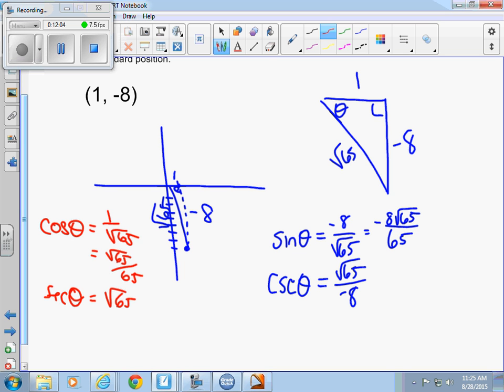And then tangent. Tangent's easy on this one because it doesn't have any radicals. Negative 8 and cotangent. Any questions about those? Opposite.